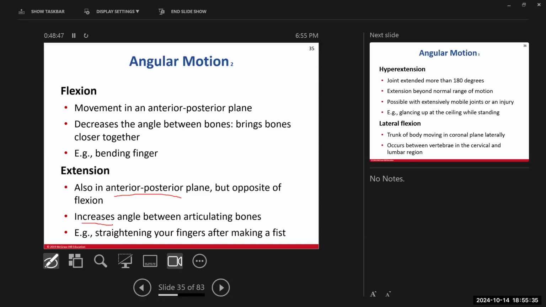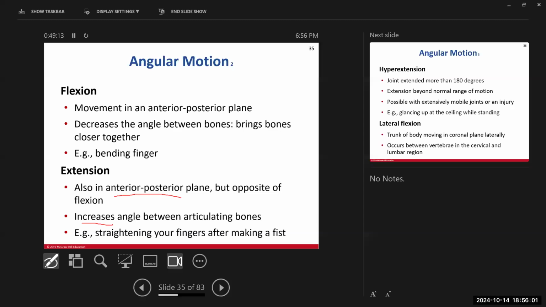Same thing with your elbow. When I bend my elbow, I'm in the flexed position. Then when I straighten my elbow out, I'm extending it. Why? Because the angle between my forearm and my arm is becoming bigger and bigger. That's the definition of extension: increasing the angle between the articulating bones.